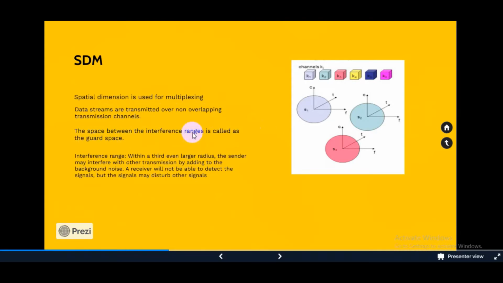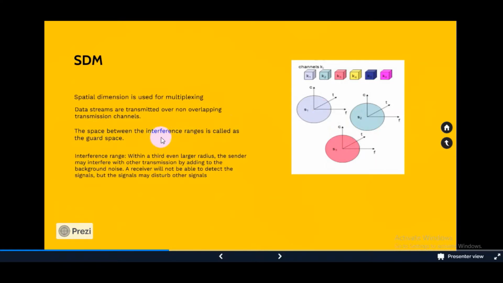The space between the interference ranges is called the guard space. Why is it referred to as a non-overlapping transmission channel? Because, as we can see here, different space ranges are defined. When you talk about spatial dimension, you have a different spatial dimension for each channel.